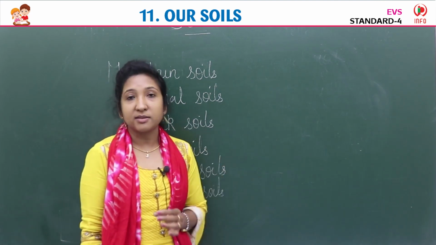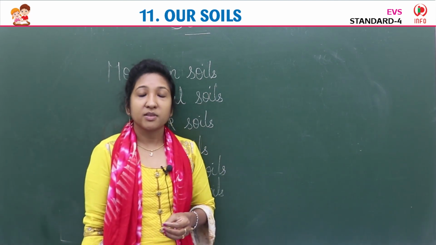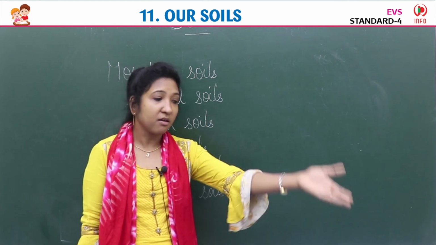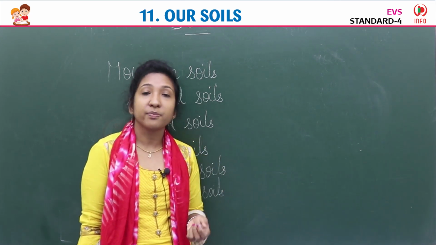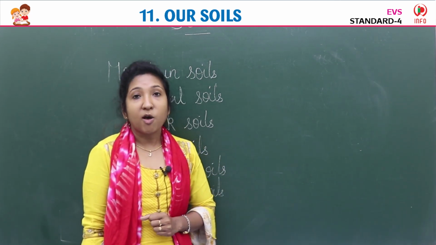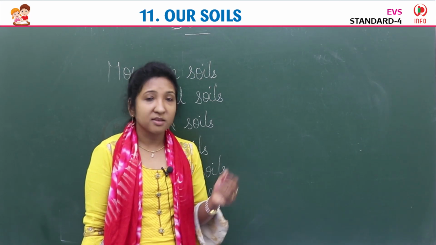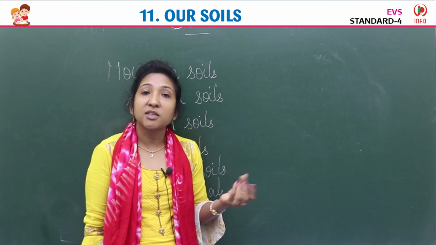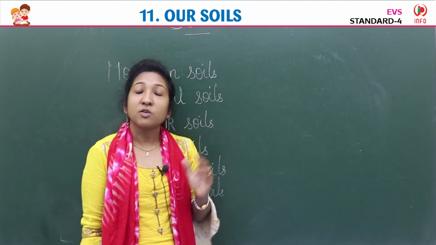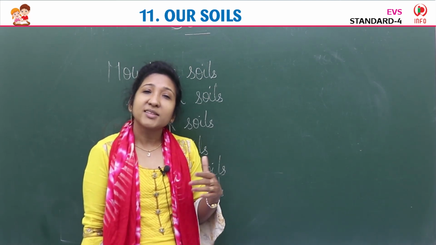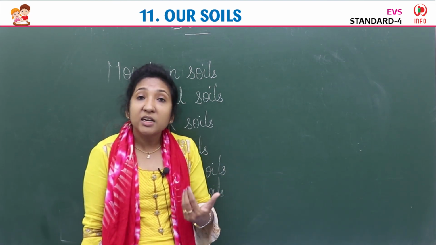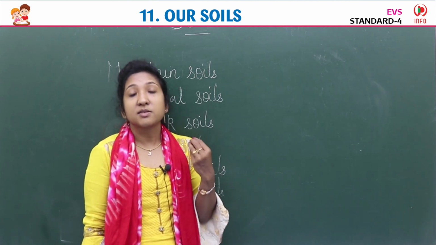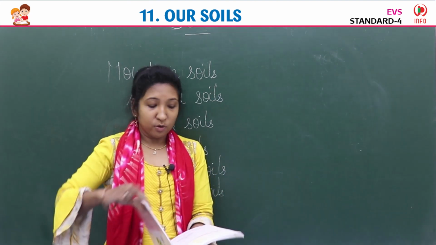Man is cutting off trees, and dumping wastes from industries and house wastes here and there. It is getting mixed with the soil. Plastic and other things get mixed with the soil, and soil is getting damaged. So naturally the soil is losing its fertility and quality. Soil is getting contaminated, so we need to conserve, or protect, the soil. Let's see how.